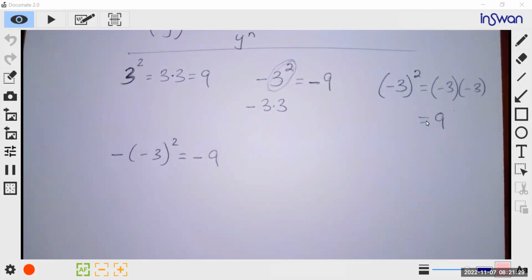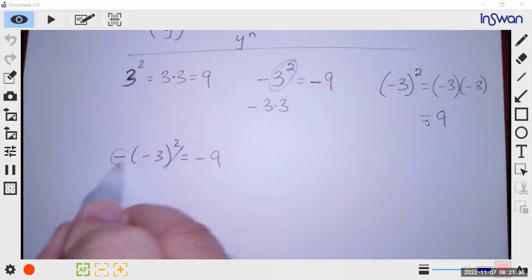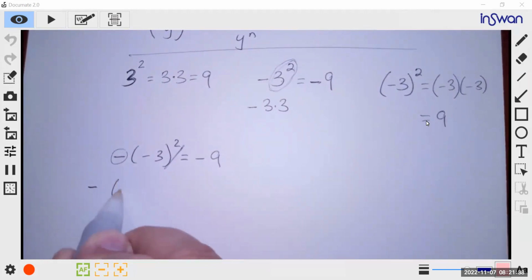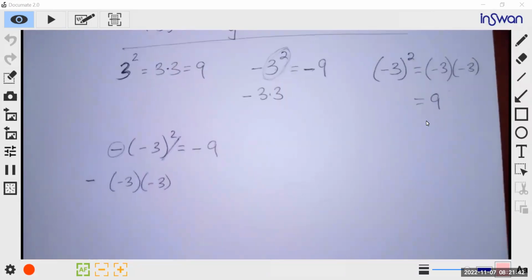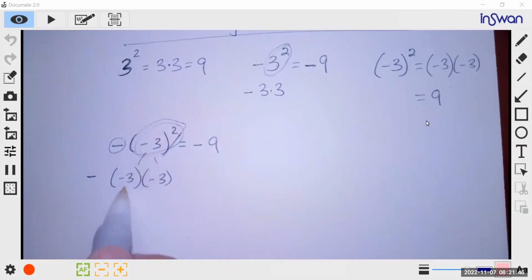Order of operations says do exponents first. I have to do this first. So the negative just stays out there. I have negative 3 times negative 3. That's what this says. Negatives are positive. 3 times 3 is 9. Negative's out there. Now I can combine these two. So the answer is negative 9.